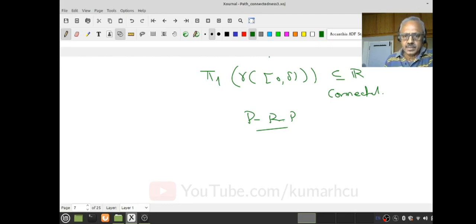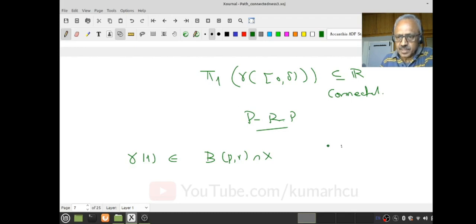Right, now let's look at where gamma(t) lives. If you say it lies in B_P(R) intersection X, then it may be here or it may be one of the ends. You understand this?